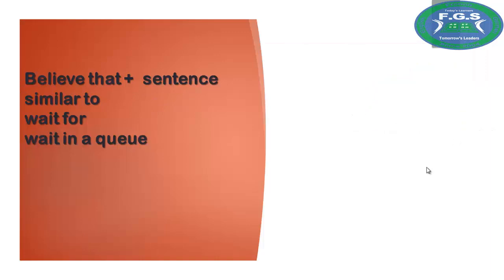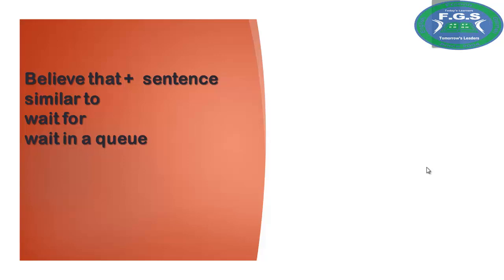Let's move to these expressions or sentences. Believe that means that you think or believe that something is happening or will happen. For example, I believe that Egypt is the best country ever. This means that I think, in my opinion, Egypt is the best country ever.